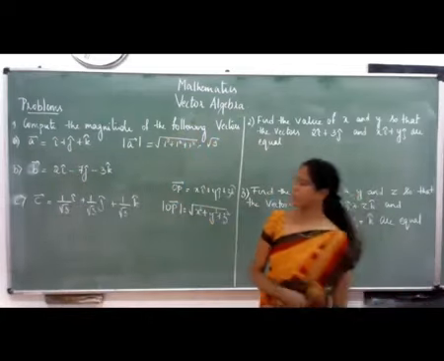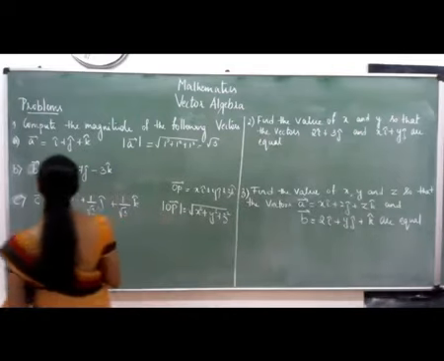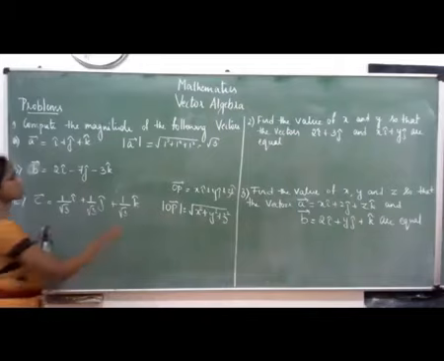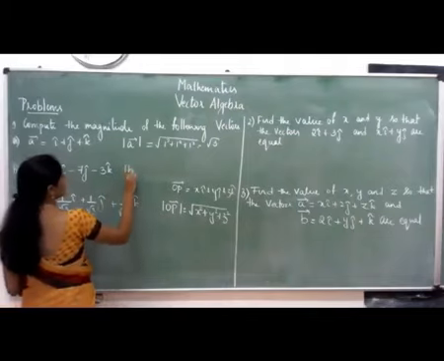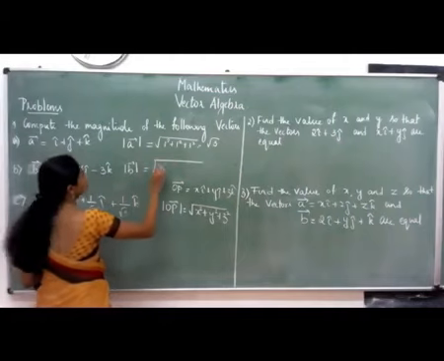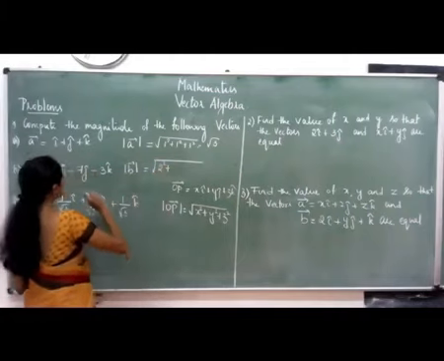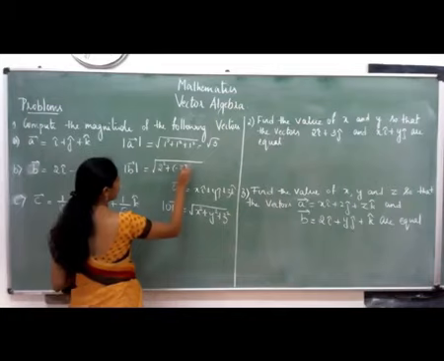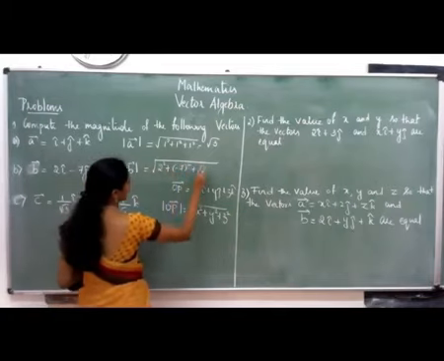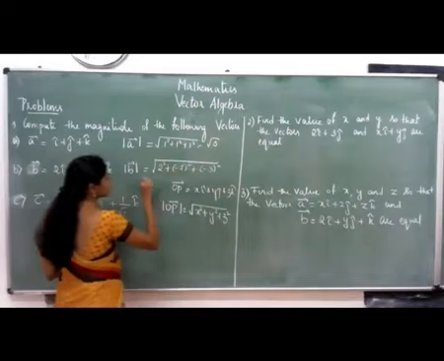Next, let us take up the next question. Here you have vector B is equal to 2i cap minus 7j cap minus 3k cap. Therefore, magnitude of vector B is equal to root of 2 square plus minus 7 the whole square plus minus 3 the whole square.